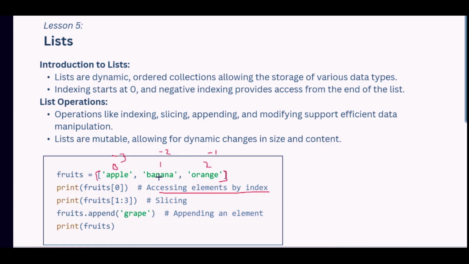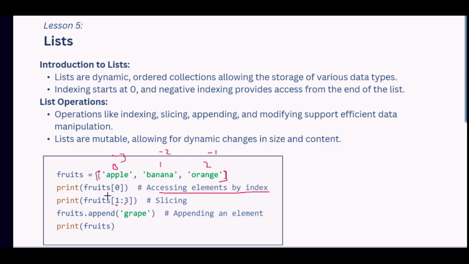There is one more property of lists, and that is slicing. If you want to access the first 2 elements, or maybe the second and third element, then you will use the colon symbol, which says that you want all those elements which start from the first index up to before the third index, which means first and second.